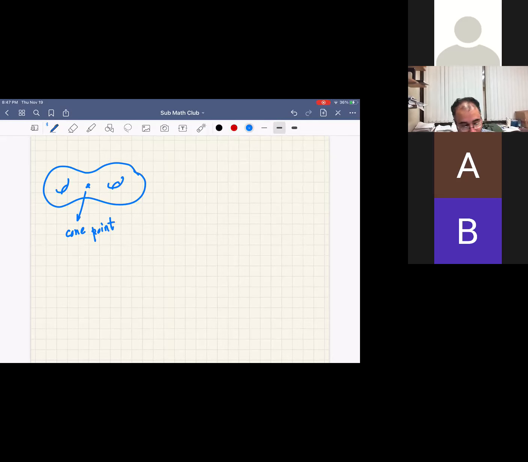Also, since we obtain this surface by identifying the sides of the polygon, every piece of this surface looks like a piece of the polygon.